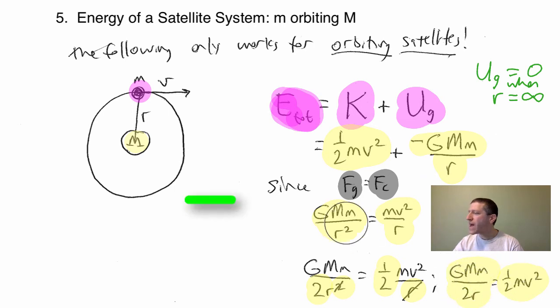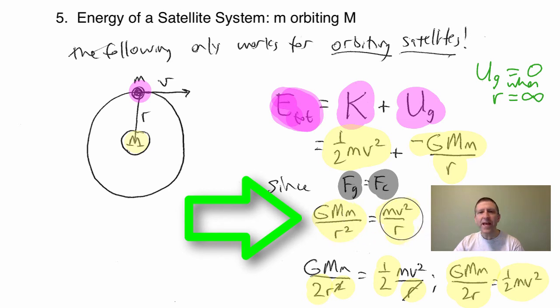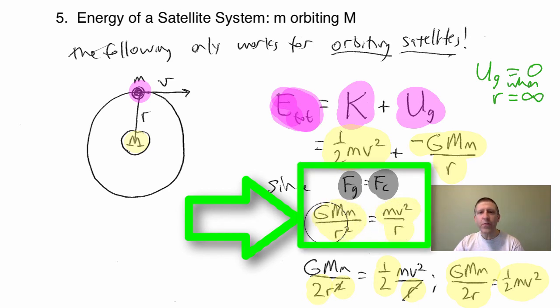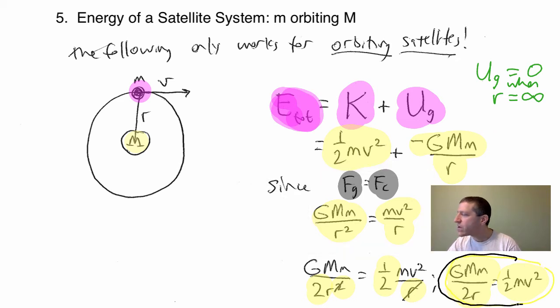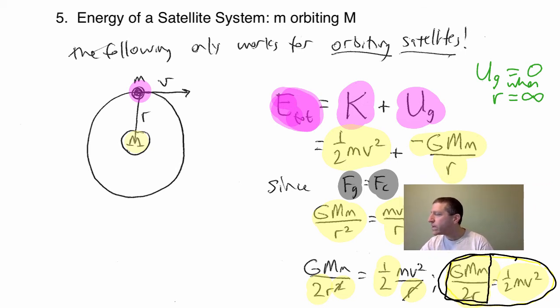So this is all based on setting the force of gravity equal to the centripetal net force. I can get this expression right here for the kinetic energy. This half of it is an expression of the kinetic energy of a satellite in orbit.